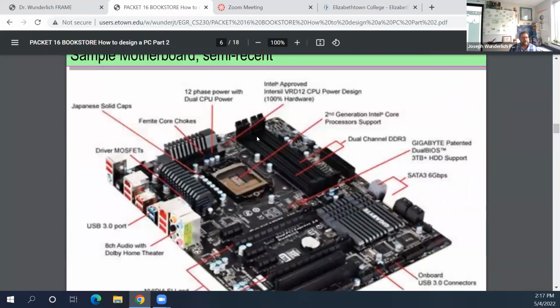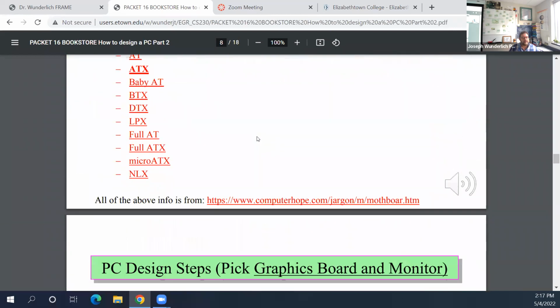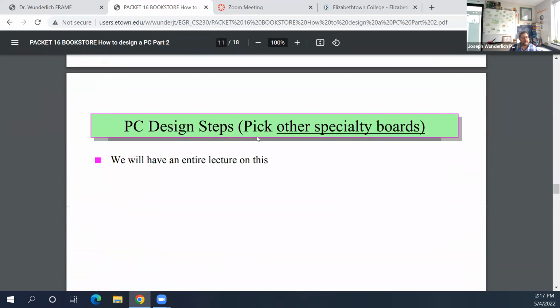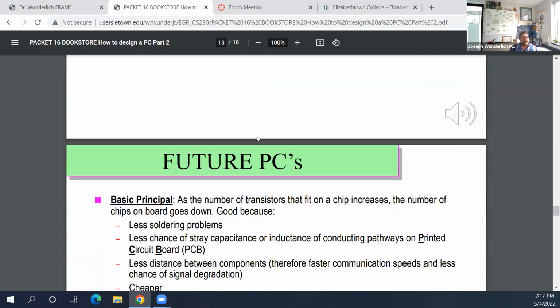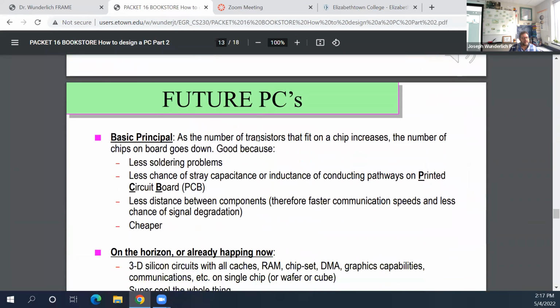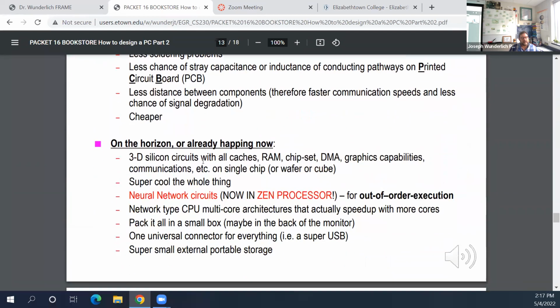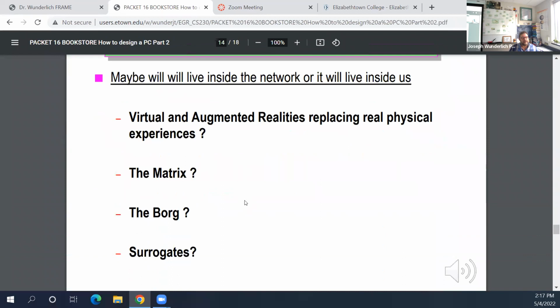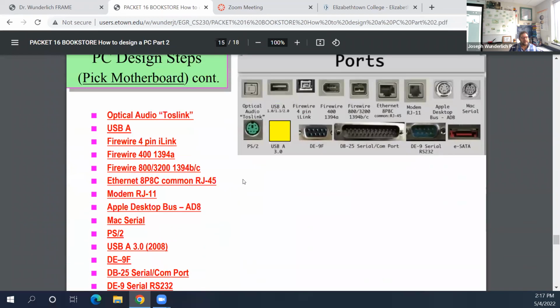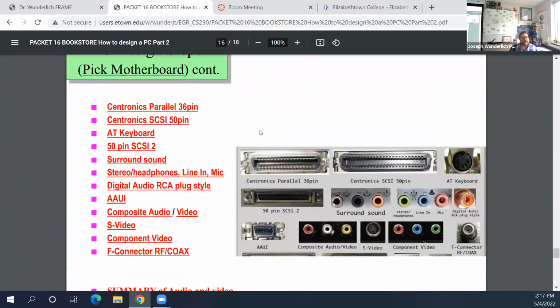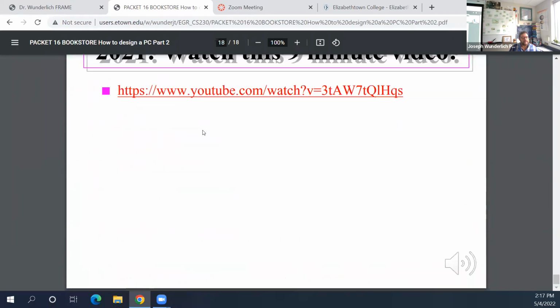These are boards of all different years, so don't worry about all these different boards, a lot of those details, or all that stuff. But then do know some of this, basic principles, and on-the-horizon stuff, some of that. But don't memorize all these connectors and all that. Don't worry about all the connectors. So no connectors.